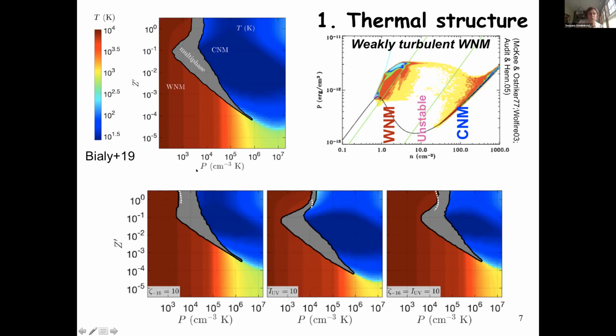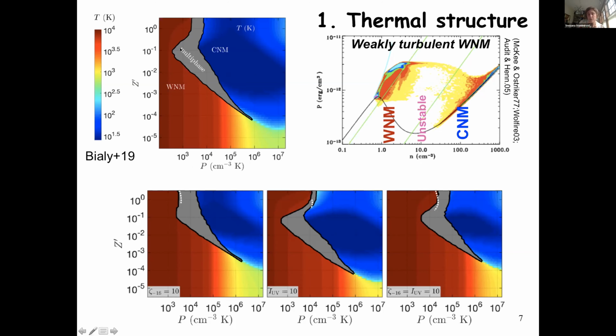So I'm also showing here a bunch of colorful diagrams which are telling us conditions, density and temperature conditions in which we can have multi-phase gas, that's CNM and WNM in galaxies. And of course, because heating and cooling processes depend on the UV field, they depend on the metallicity, these diagrams have metallicity as a y-axis and thermal pressure on the x-axis.